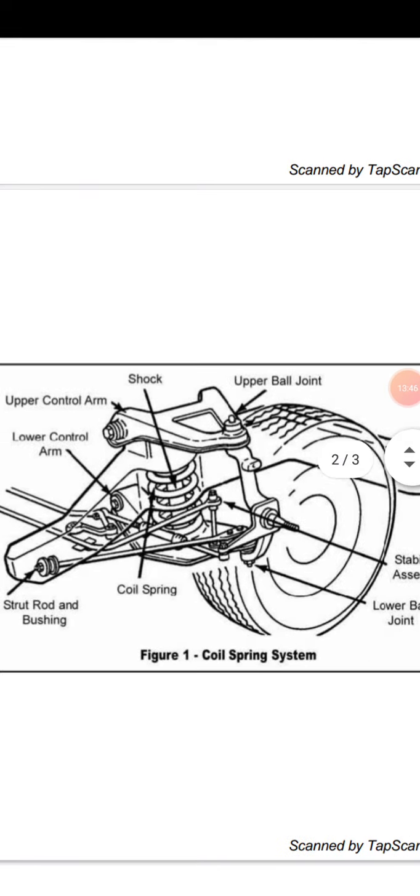And the coil spring is basically a spring type, not like the leaf spring. It's a helical spring, and the specification and characteristics of this spring depend on the number of turns, length, and the diameter of the spring.